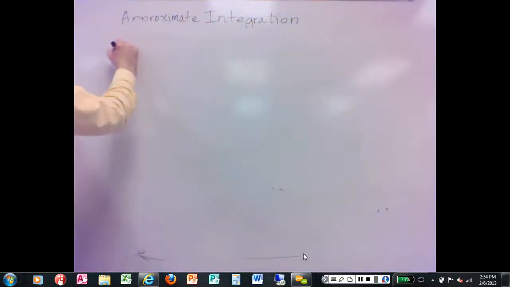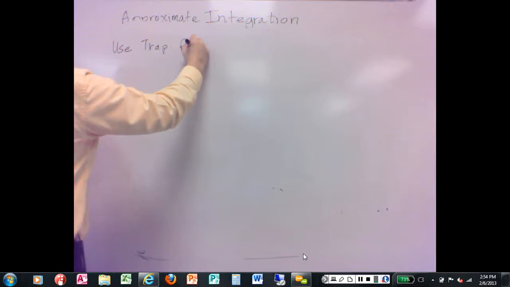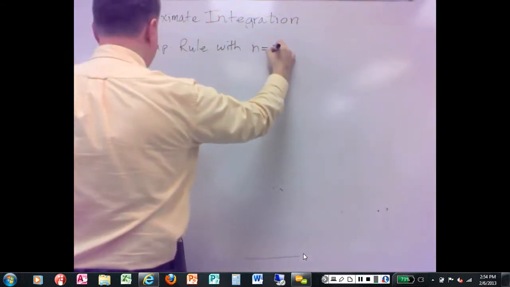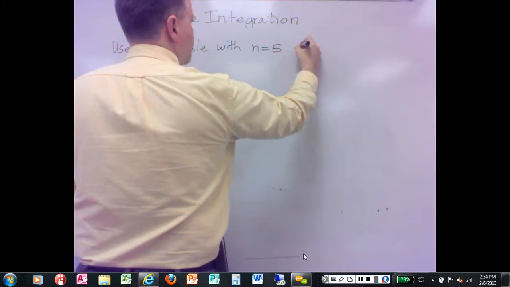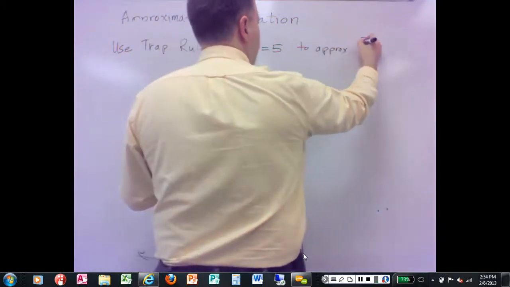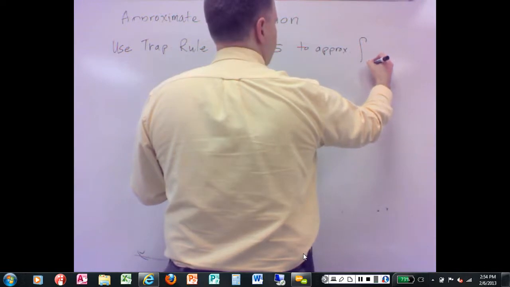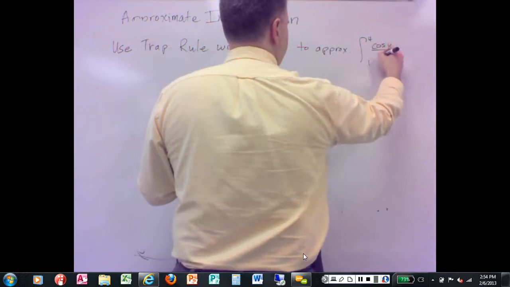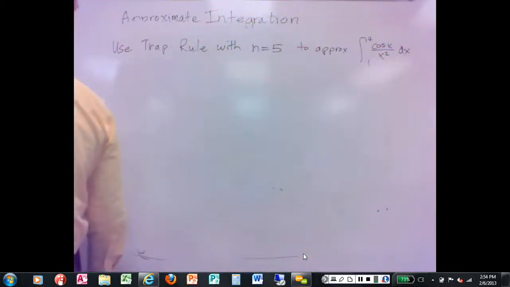Okay, use the trapezoidal rule with n equals 5 to approximate the integral from 1 to 4 of cosine x over x squared dx. See if we can do that.